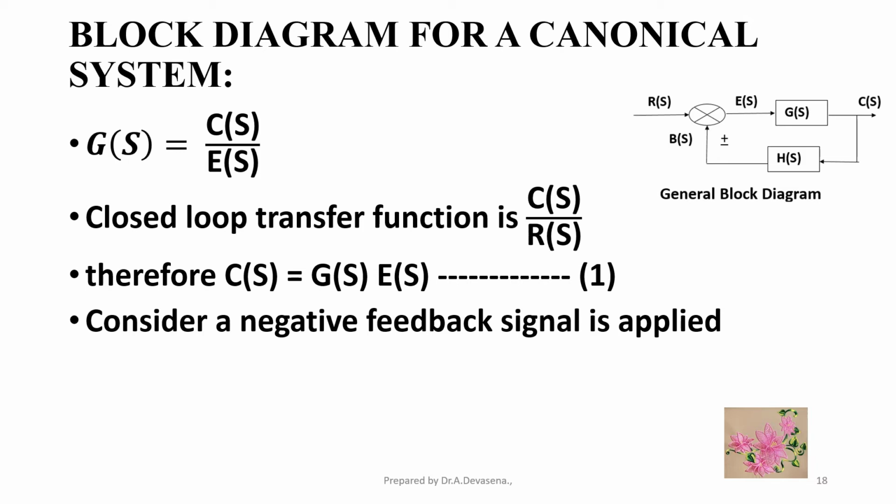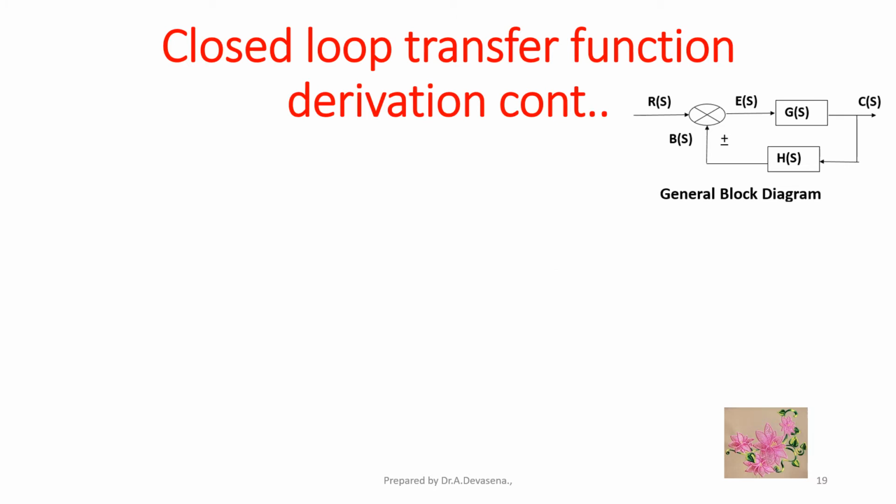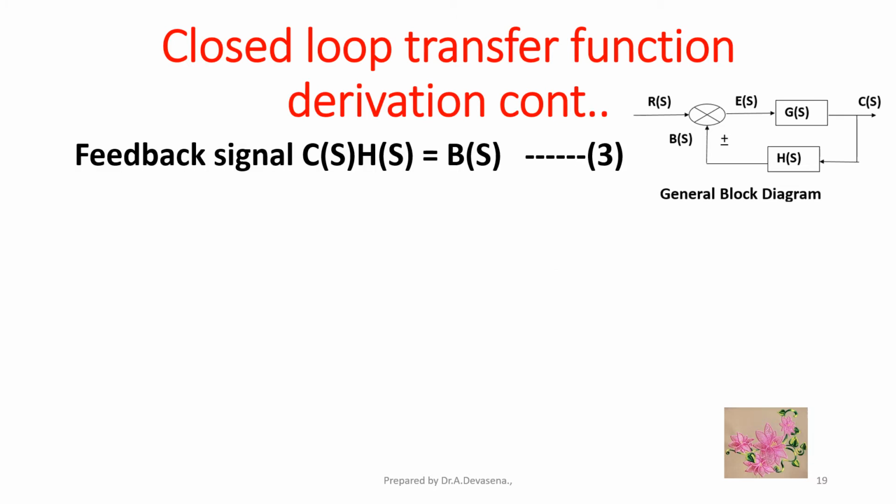Now consider a negative feedback signal is applied to this. The actuating signal E(s) is equal to R(s) minus B(s). Consider this as equation 2. Feedback signal C(s) into H(s) is equal to B(s). Consider this as equation 3.